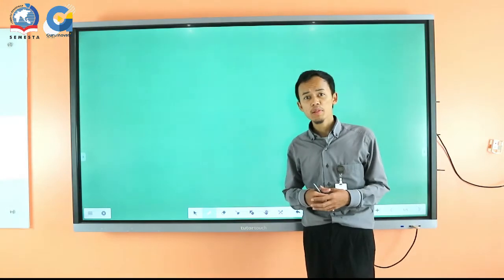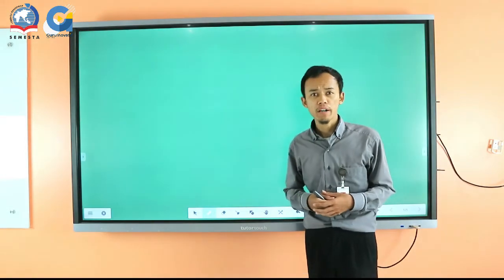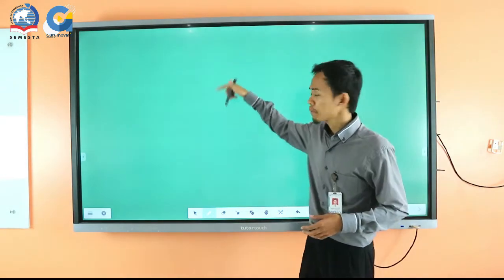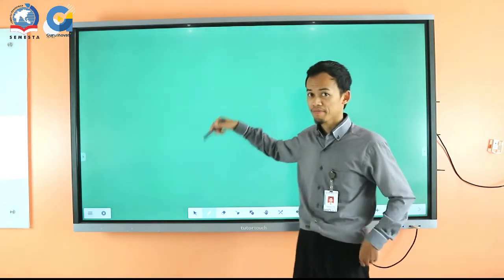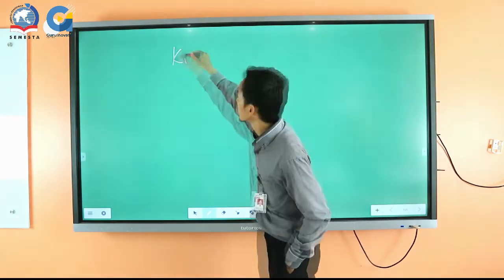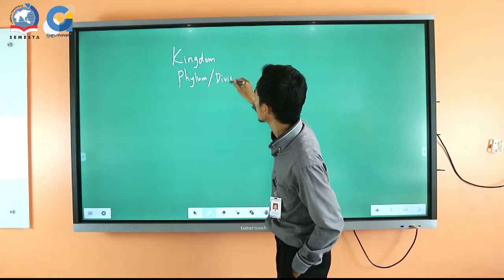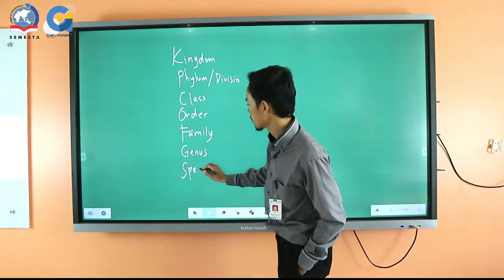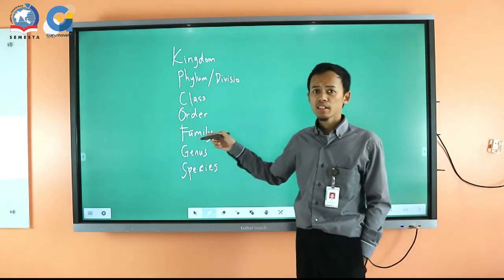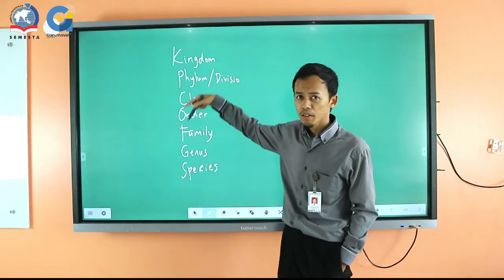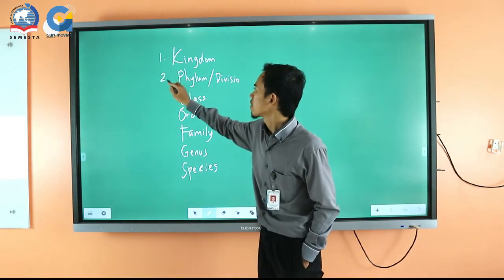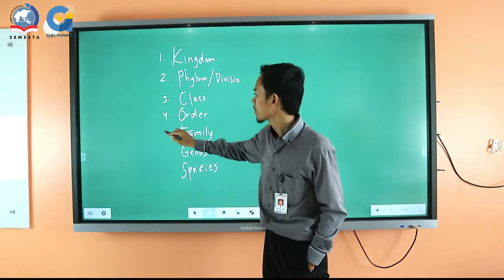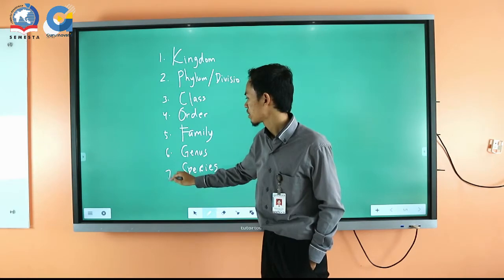Okay, I give you tips or tricks to help you memorize the taxonomy order from the kingdom to the species. Let me write. Make sure there are 7 taxonomy levels: 1, 2, 3, 4, 5, 6, 7.